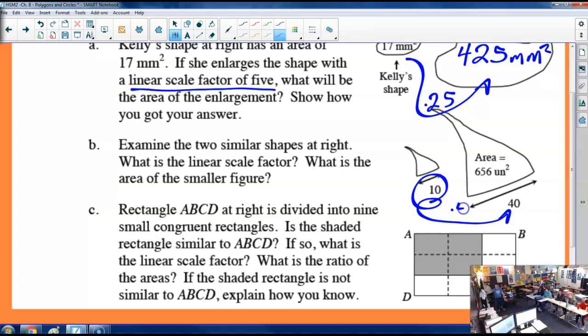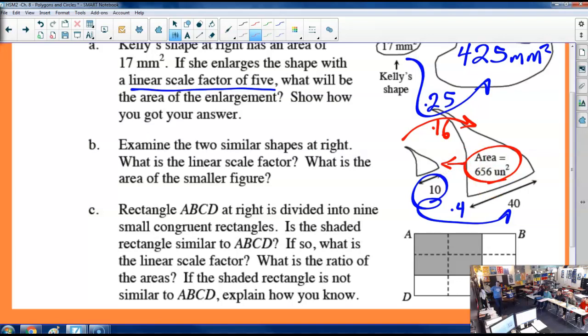What is the scale factor from 10 to 40? 4. So then the area scale factor is 16. Don't even worry about the other numbers. If the linear scale factor is 4, the area scale factor was 16. But if we're going backwards, we take this area and divide by 16.